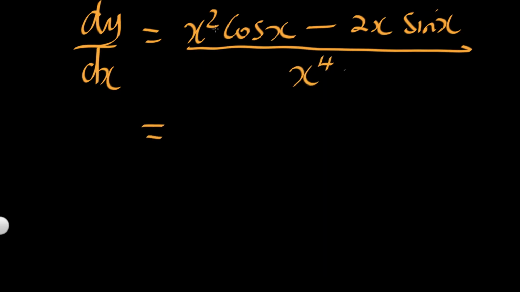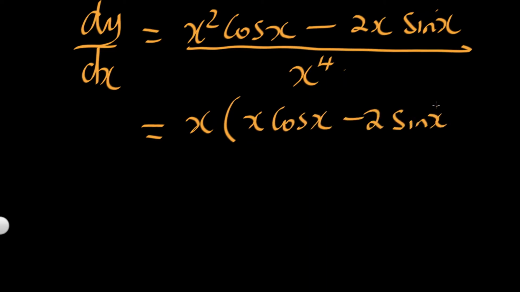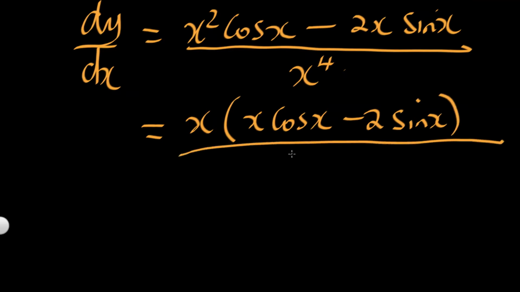I said we can factor out x from the numerator, so we have x, then x cos x minus 2 sine of x all over x to the power 4.